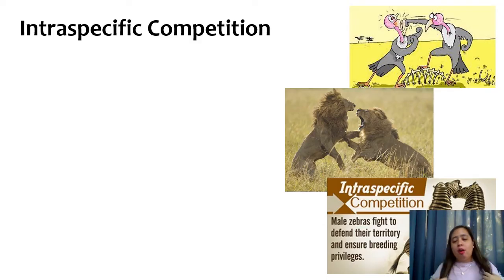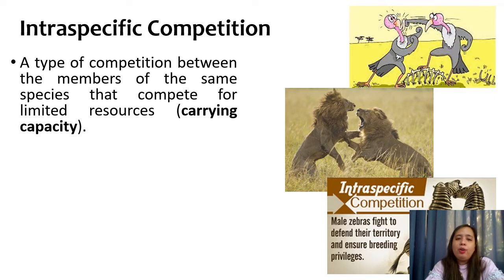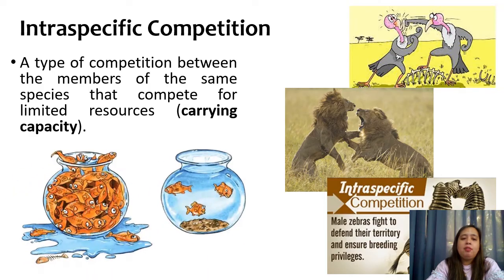Then sometimes the competition is over who's the best mate, guys, over breeding privileges, like what you see here. So in intraspecific competition, the same species compete over limited resources. Technically, if it's overpopulated, this is what we mean by carrying capacity. The carrying capacity of that bowl is not enough for everyone.